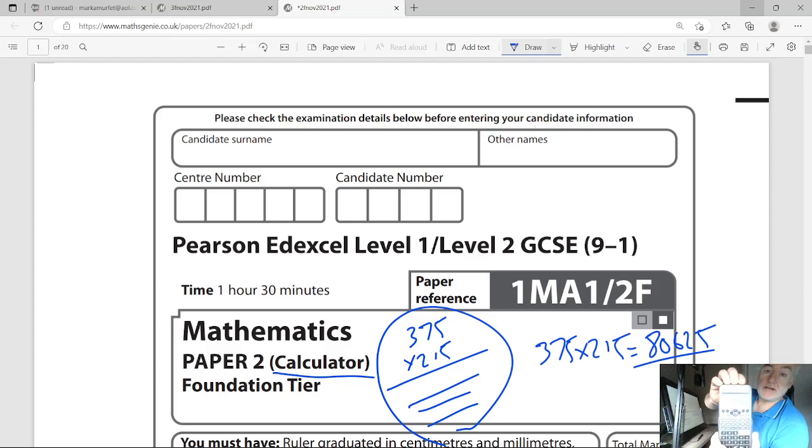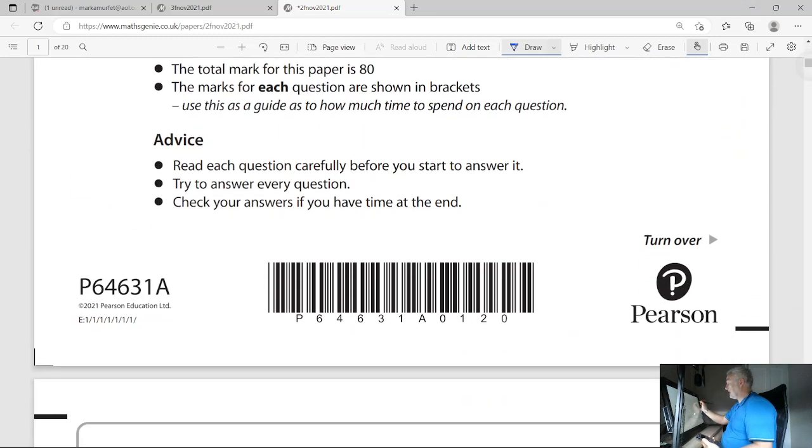Then you've got 3 different settings: degrees, radians, and gradient. You're not interested in radians or gradient. You might use radians in A level, but not in GCSE. So make sure you're set to degree, and it's got a little D at the top. So we would press number 1 there. That's what you would do before you actually start in the exam.